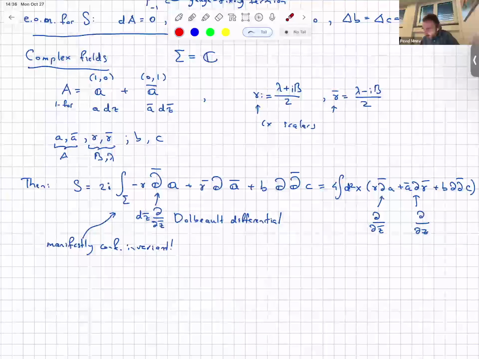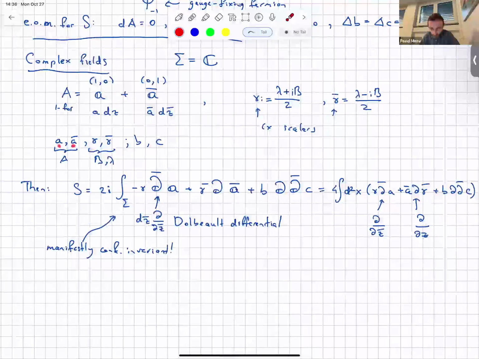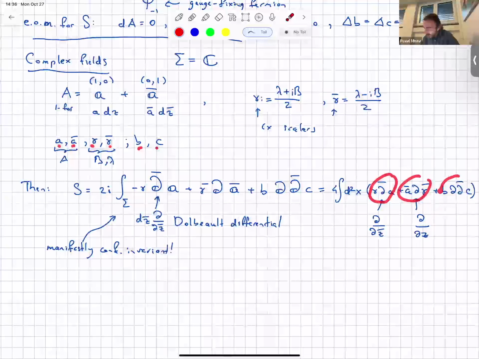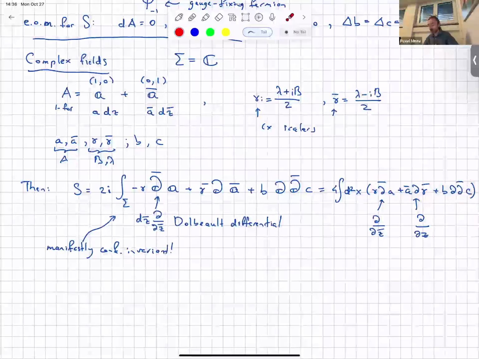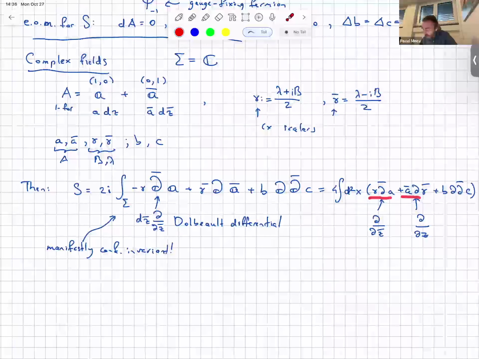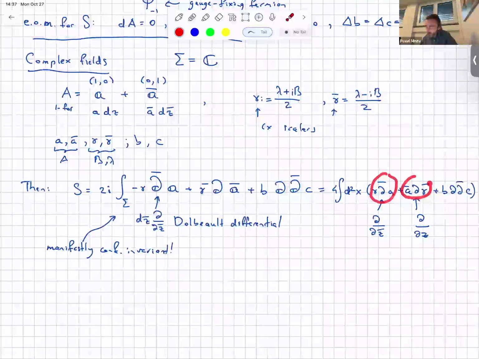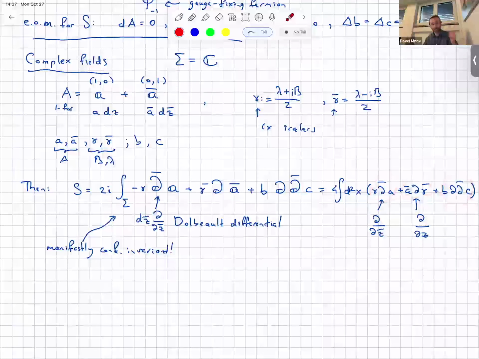Another point is that our 6 fields, A, A bar, gamma, gamma bar, B, and C, got grouped into 3 pieces of the action. They only interact in pairs: A with gamma, A bar with gamma bar, and B with C. Essentially you have a sum of 3 non-interacting theories.